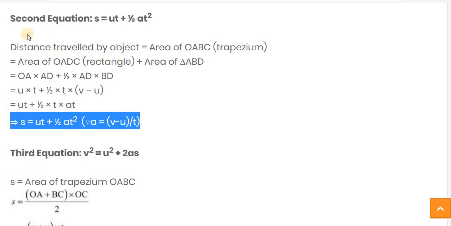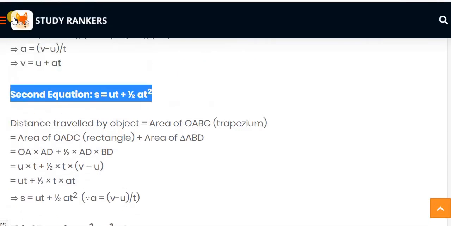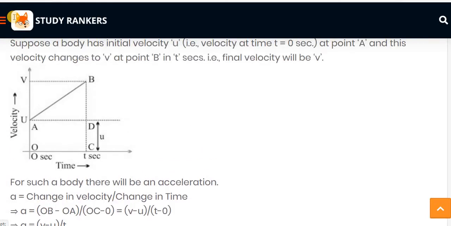Let's see it one more time. The second equation, s is equal to ut plus 1/2 at square. For that we have to count the total area covered by the body, that is the distance traveled from t1 to t2. We also get this formula from this graph only.